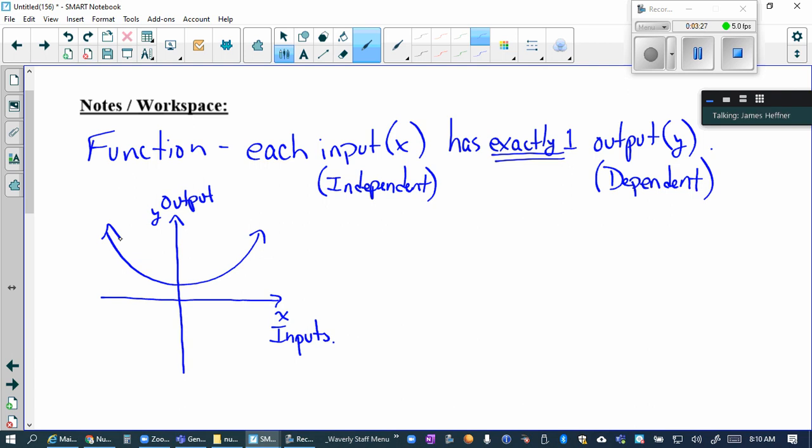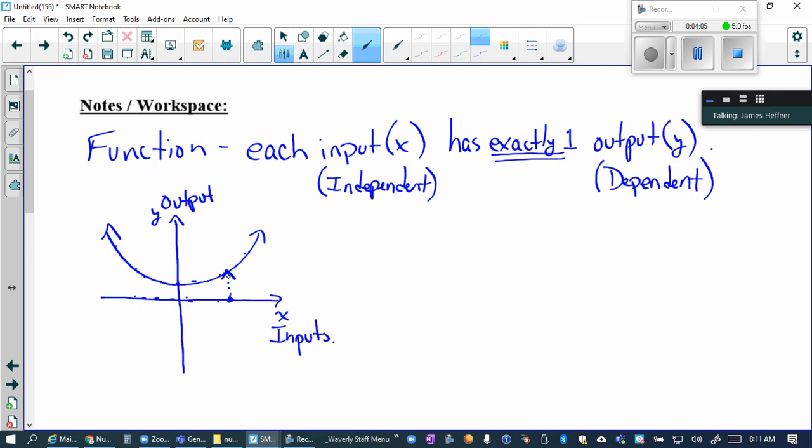Now, would you agree that as I look at that graph, every x value, every input along this axis, does not have any more than one output up here on the graph? Take a look at that graph. Can you see that every single x value on that x-axis has only one y value that goes with it? Like if I pick this x value here, it only has one y value right here, doesn't it?